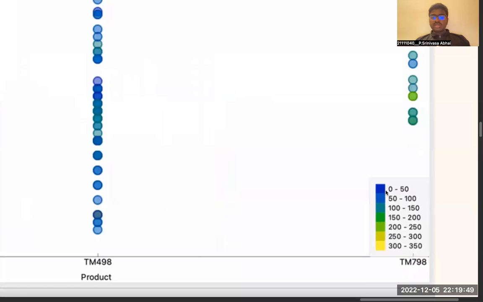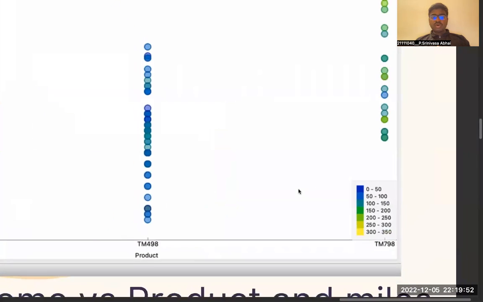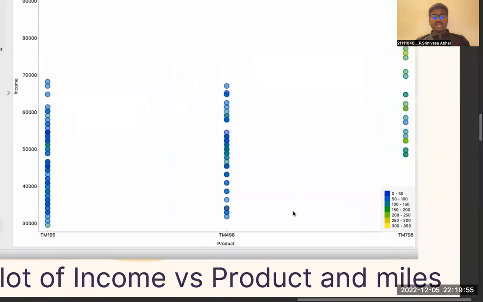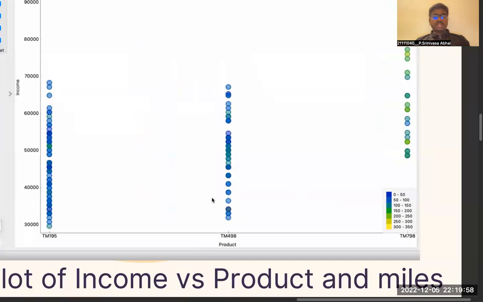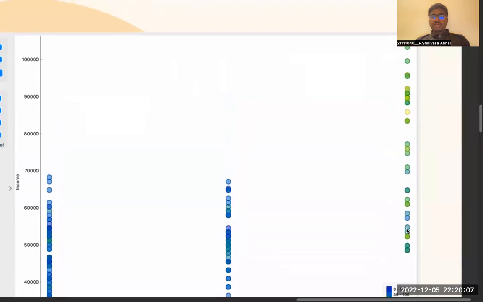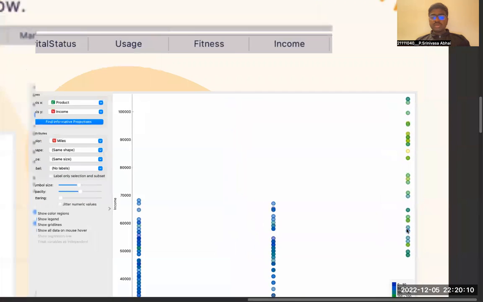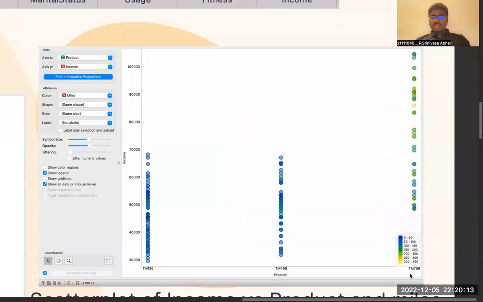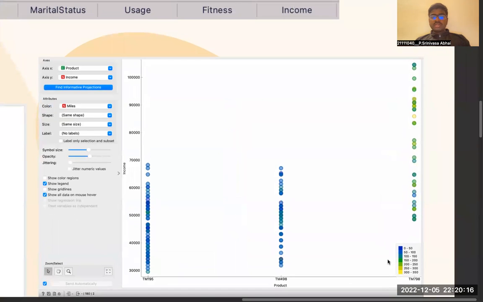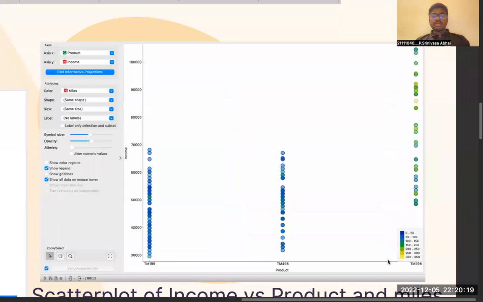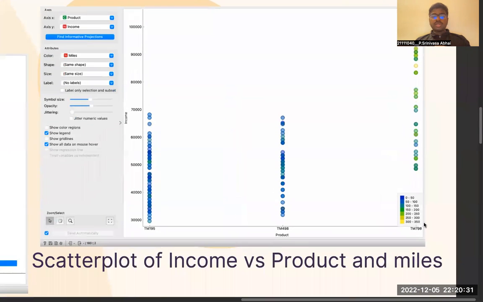The shades of blue represent 0 to 150 miles, of which the first two products are similar. From 150 to 350 miles, the values are high and are shown only for product 3. With this we can say that high-income people tend to do more exercise, and that too on a costlier machine.